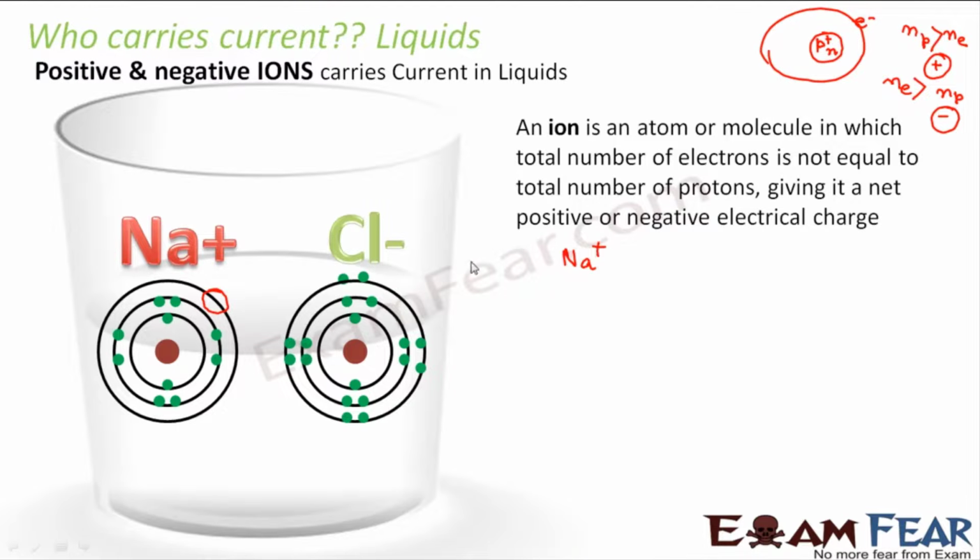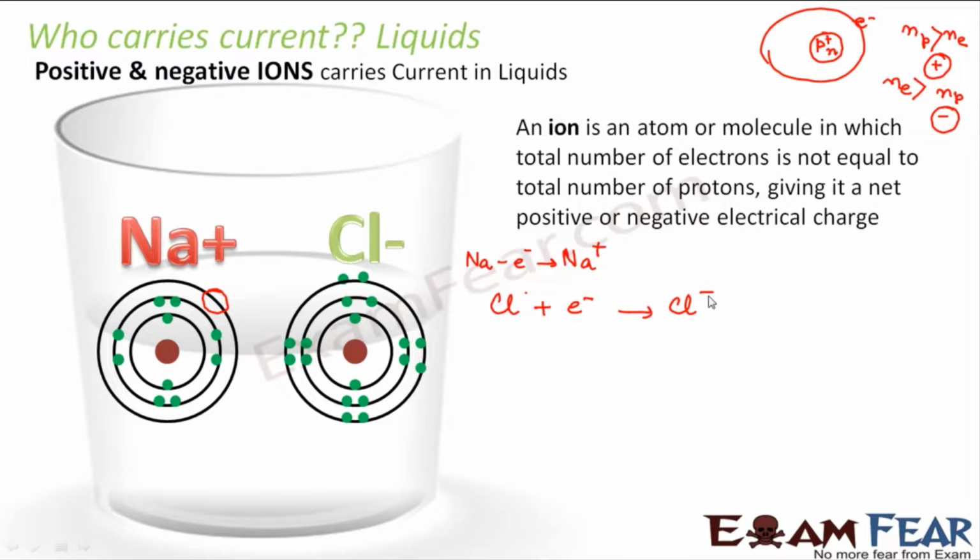So how is the Na+ ion formed? Sodium lost one electron, so it became Na+. What happened to chlorine? Chlorine gained one electron and it became Cl-, because it gained one negative charge, so it becomes negatively charged.